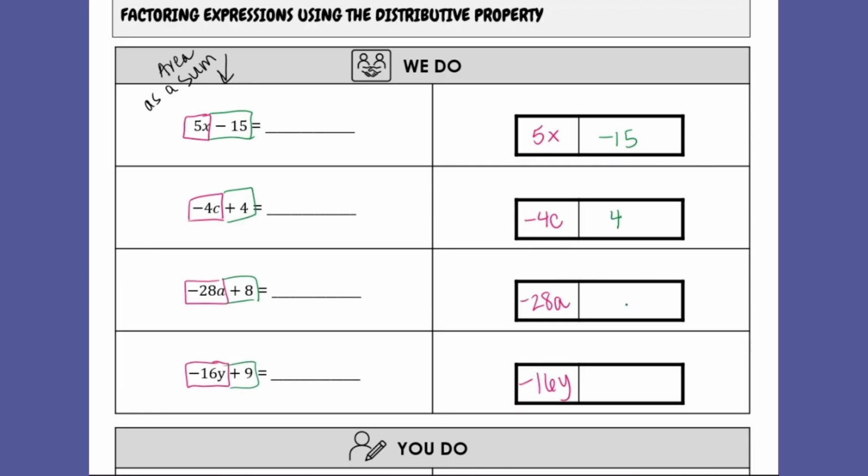And notice that I'm keeping the signs with the term. This is how you set it up. I wanted to do them all at once so you can see the big picture: we are starting with the area as a sum. We are starting with the big area and we're essentially trying to work backwards and find our dimensions.